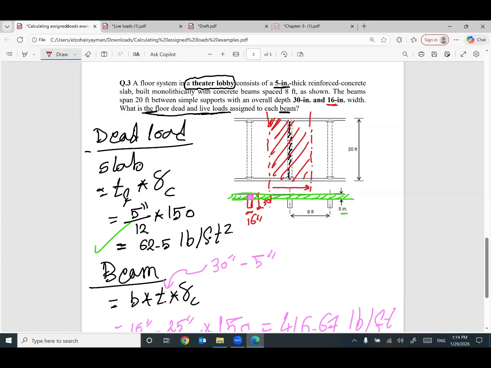What are the dimensions? How much is this width? How much is this length? This length is very clear, is given by 20. And this width, we have 8 feet spacing between the beam and the next one. So we will have 4 from this side and 4 from the other side. So the width will be 8 feet.